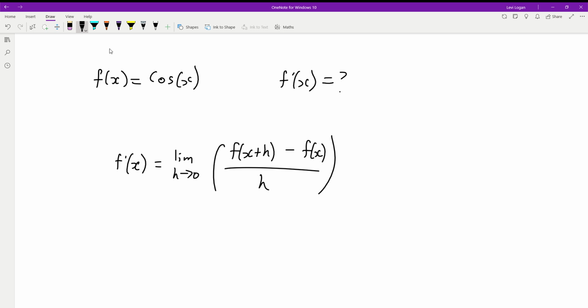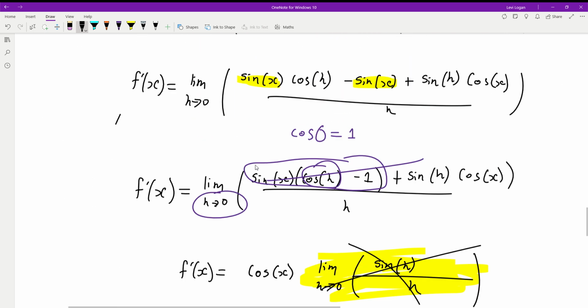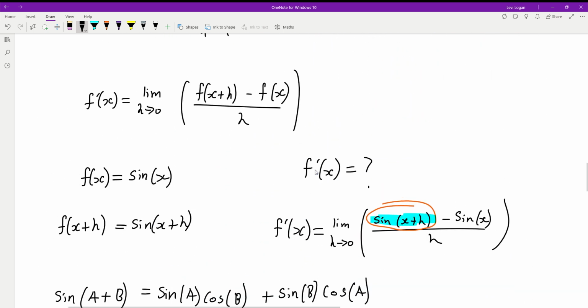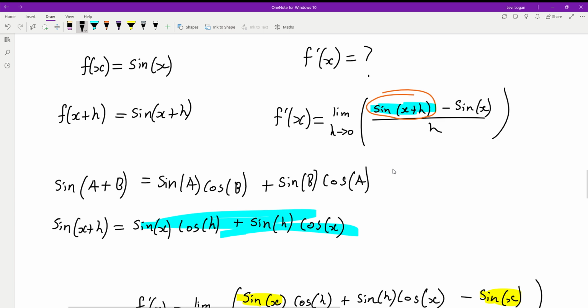So f of x plus h is going to be cos of x plus h. Now we're going to break this apart straight away rather than waste our time, because if we just plugged it in straight away, we get a similar situation to this where we can't really break it up.